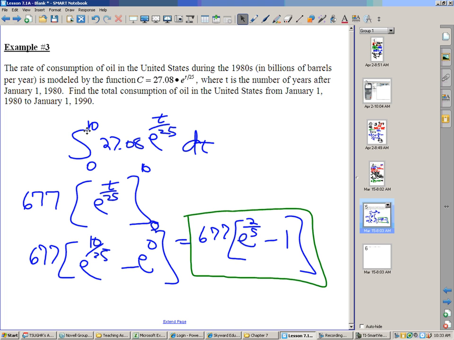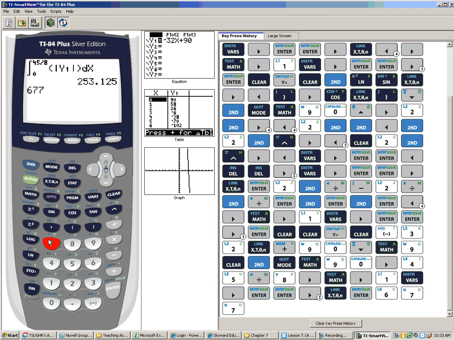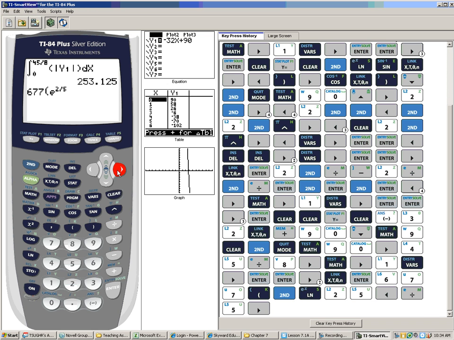But if we had to use our calculator, we could have just done the definite integral of it. So 677 times e raised to the 2/5, okay, and then we're subtracting 1.